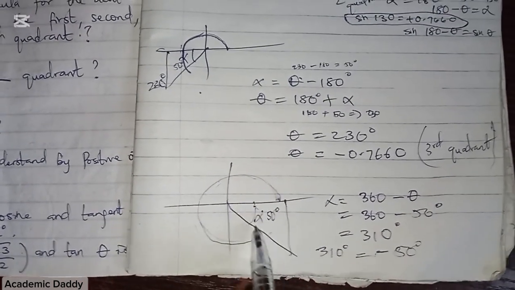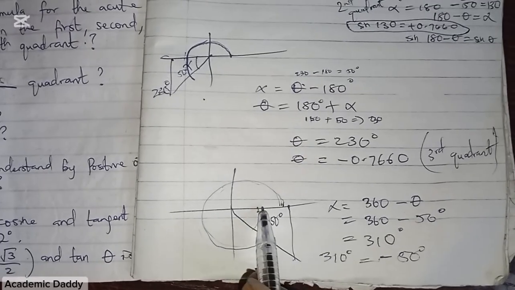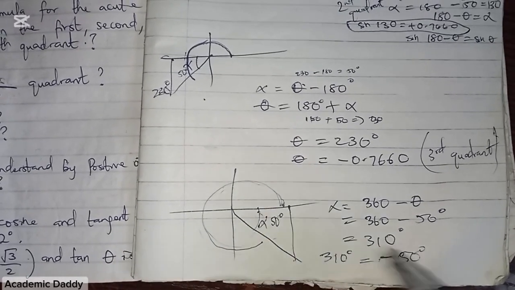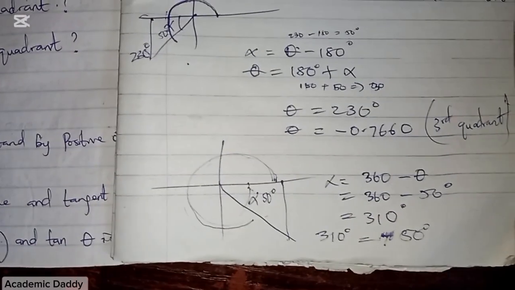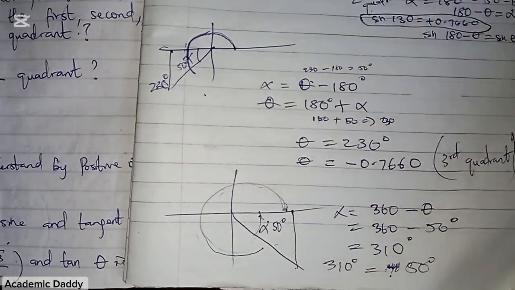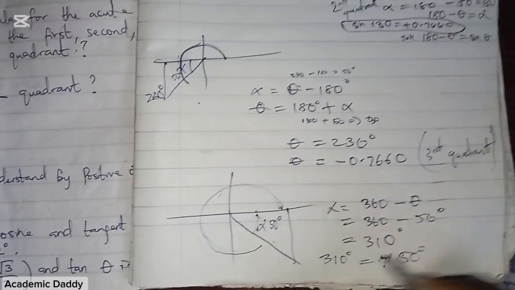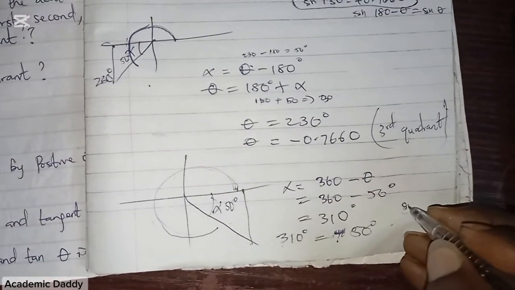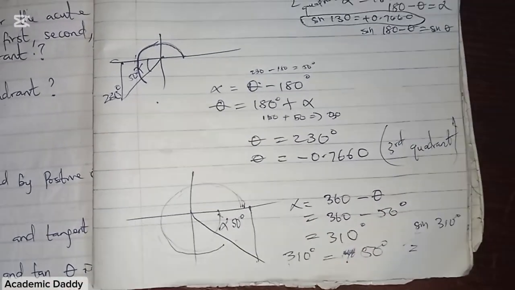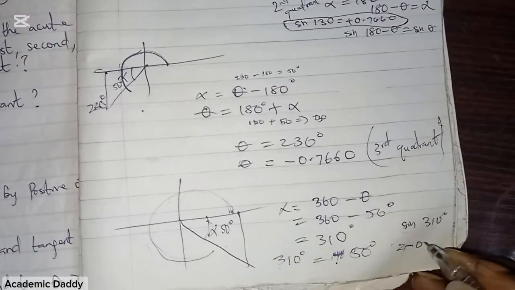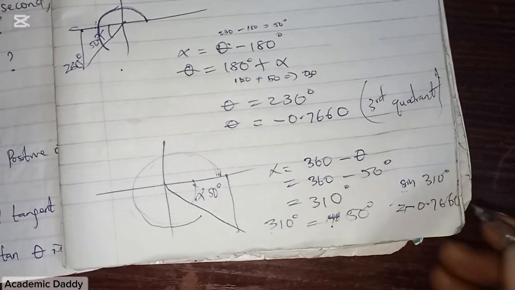This angle means minus when it's sine. But let me not put it here because I can do cos if possible. So let's check it. If I'm not obeying that sign of putting negative, what I will do here is sine 310 degrees, which is going to give me negative 0.7660.